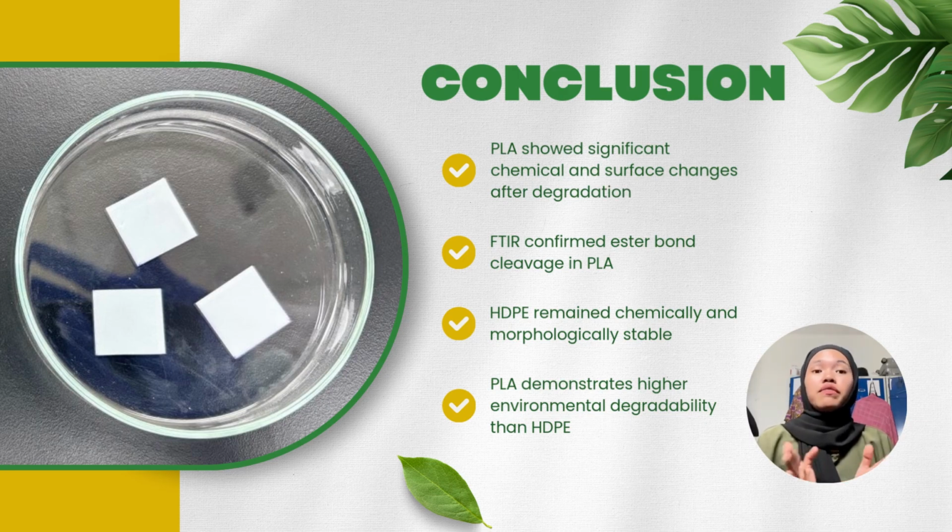FTIR analysis confirmed ester bond cleavage in PLA, while surface morphology analysis showed increased roughness and surface defects. In contrast, HDPE remained chemically and morphologically stable throughout the degradation process. Overall, PLA demonstrates a higher potential for environmental degradability compared to HDPE.